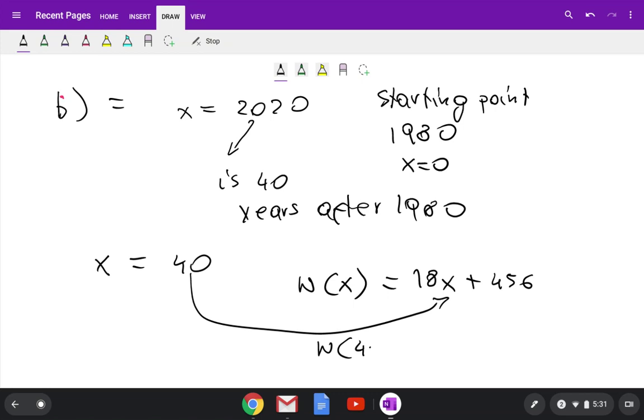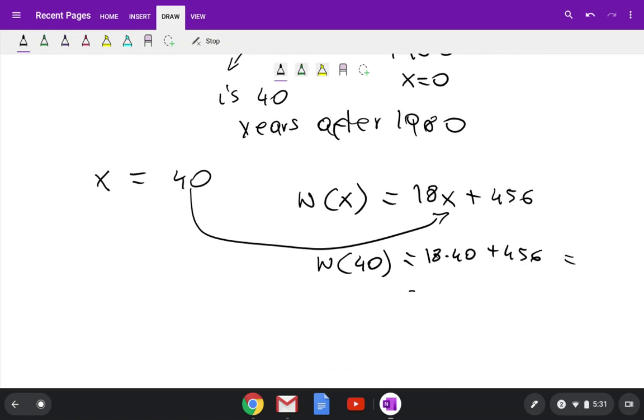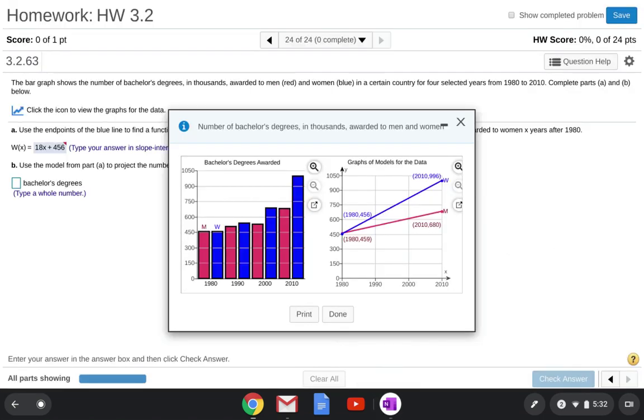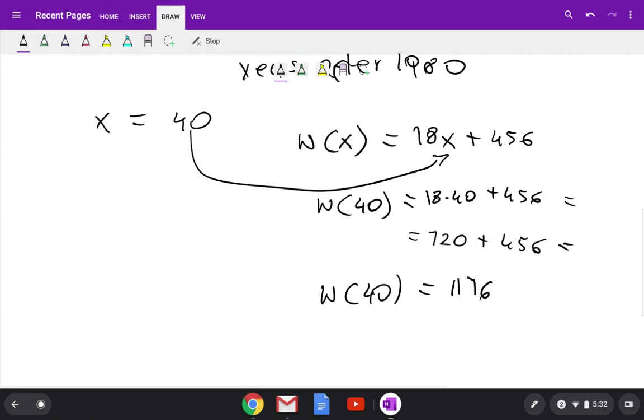So w of 40 equals 18 times 40, which is 720. 720 plus 456 gives you w of 40 equal to 1176. Let's go back. Let's save that: 1176.